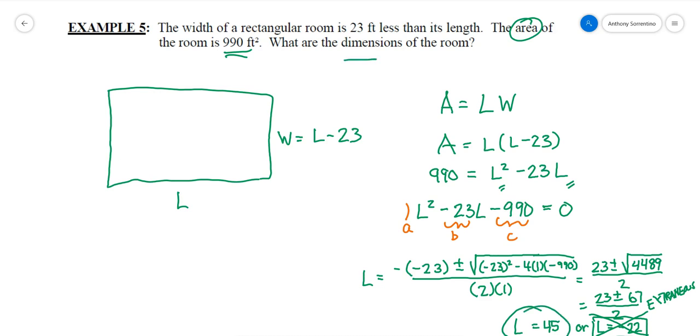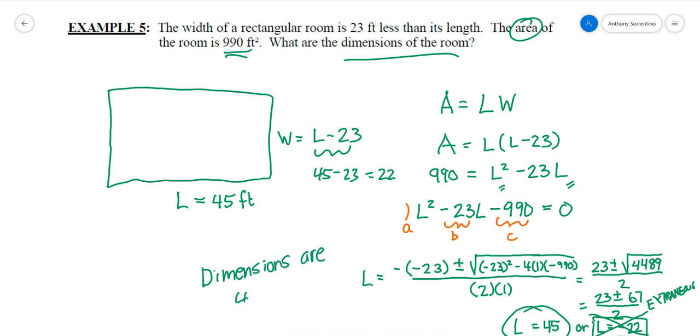When it asks what the dimensions of the room are, I know one of the dimensions is 45 feet, and the other is 45 minus 23, which is 22 feet. So the dimensions of the room are 45 feet by 22 feet. So that's an application you could do.